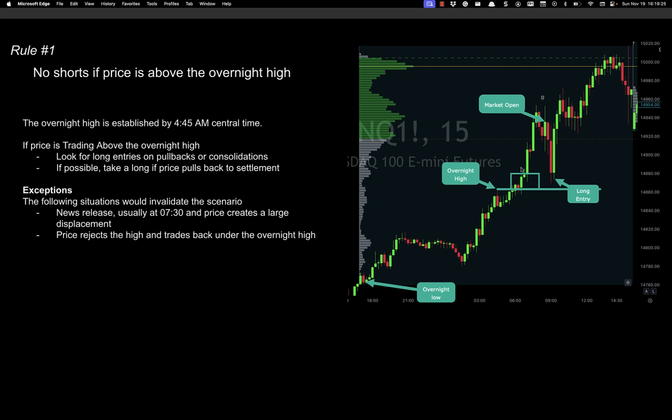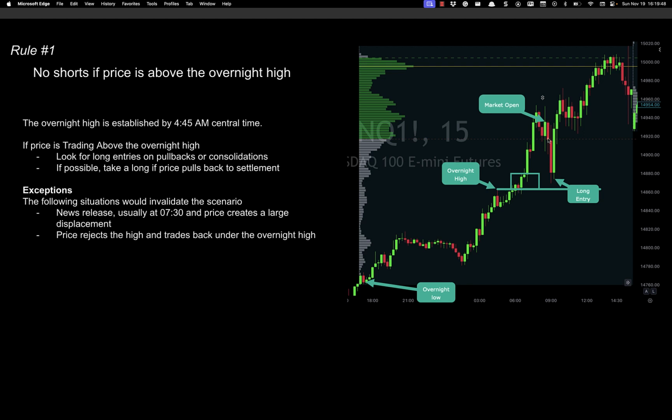Price traded up through. The market isn't open yet, but we've got a ton of price action up above here. The market opens on this green candle, bounces around, comes down, and this is where we would be very tempted to take a short. But our rule is no shorts because we're trading above the overnight high.